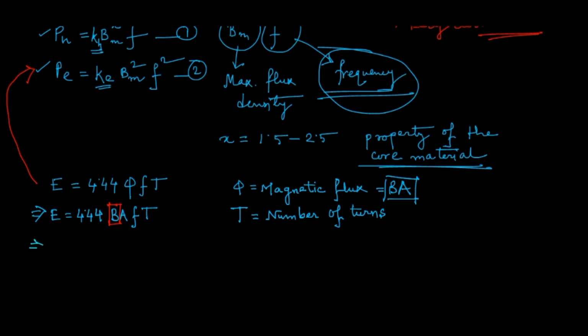So what we get is B equal to E divided by 4.44 AFT. Here T is the number of turns, which generally remains the same, A is the area through which the entire flux is passing, and E is the induced EMF. There is a very small difference between EMF and voltage.